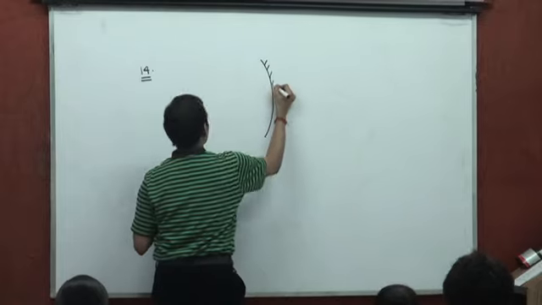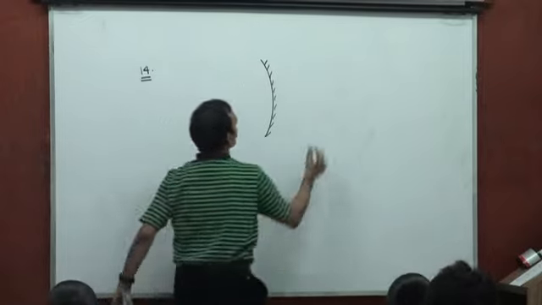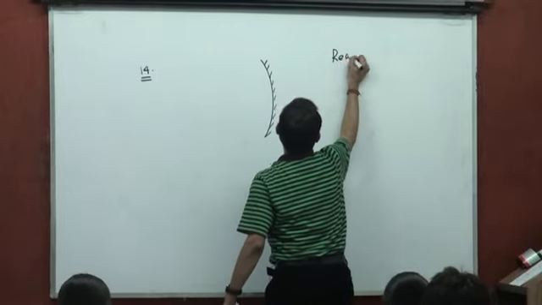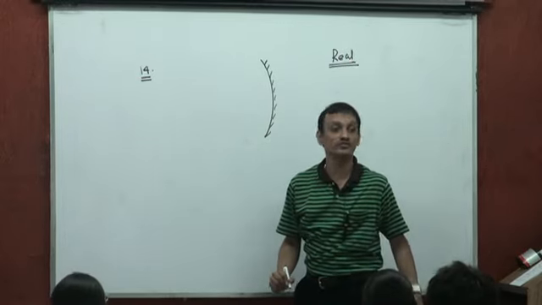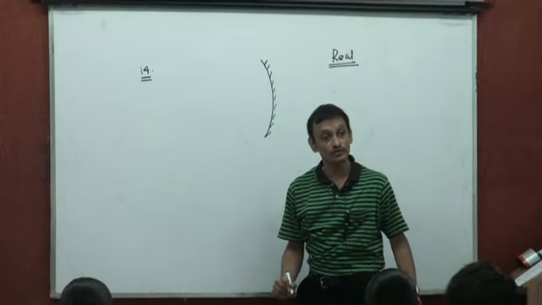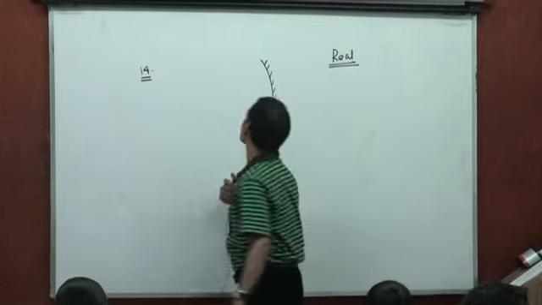Concave mirror, two possibilities, image real, image virtual. Although again let me tell you, the distance will still be the same, it will not depend on whether the image is real or virtual. But let's take both cases, image real, image virtual.